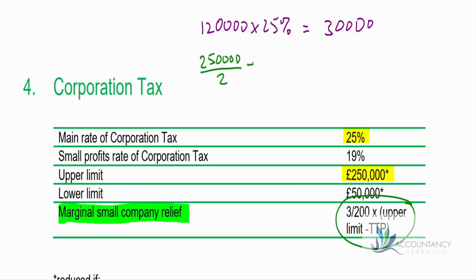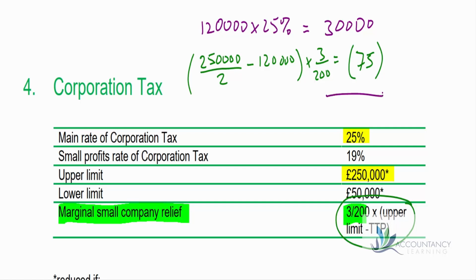We then deduct our taxable total profits, which are the 120,000, and then we multiply by 3/200ths. That's simply the number they've given us in the reference materials. So when we multiply that all out, that gives us marginal relief of £75. So when we deduct that from the 30,000, it means we have a corporation tax payable of 29,925.